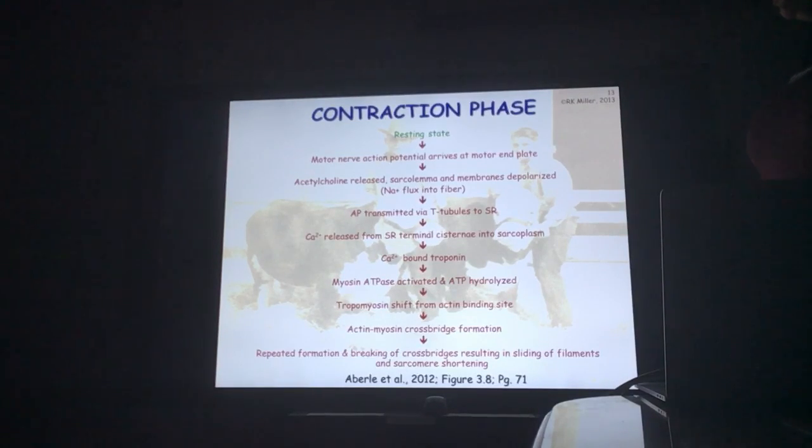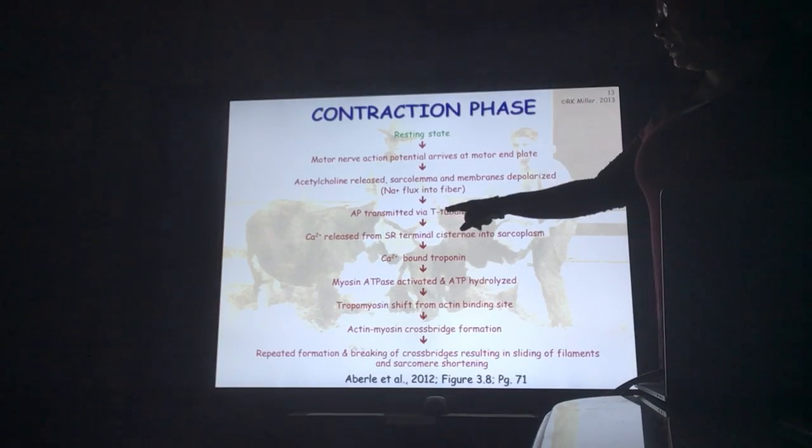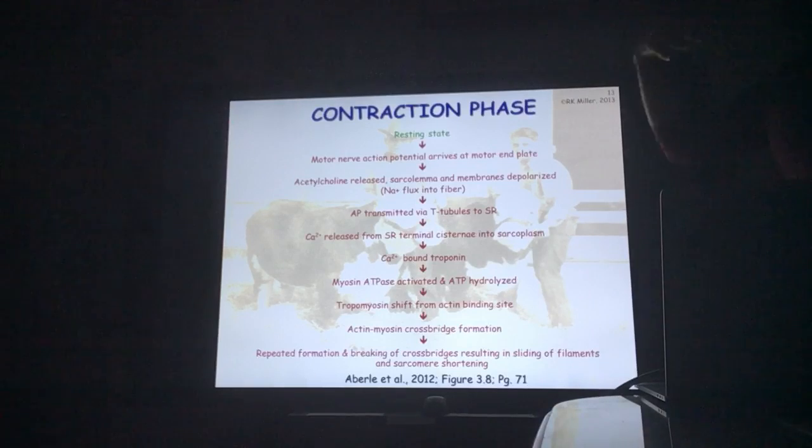The action potential is then transmitted down the sarcolemma, and when it reaches the T-tubules, it goes down into the muscle fiber, and those T-tubules are right there by the sarcoplasmic reticulum.